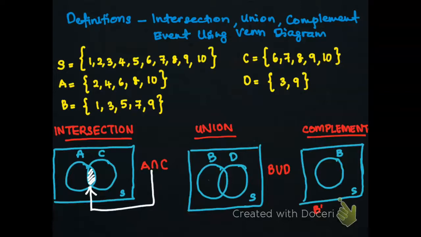So the numbers that occur in A as well as in C will be 6, 8, and 10. So this is A intersect with C. The symbol here is represented by this.